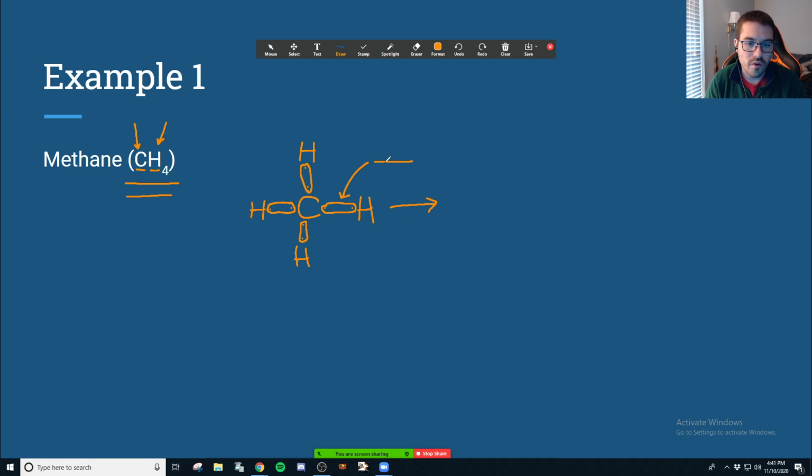Let me show you what I mean. I'm replacing those circled pairs of electrons with solid lines. Those lines represent 2 shared electrons, 1 from each partner. Okay, so you can see here that carbon has 4 covalent bonds connected to it.